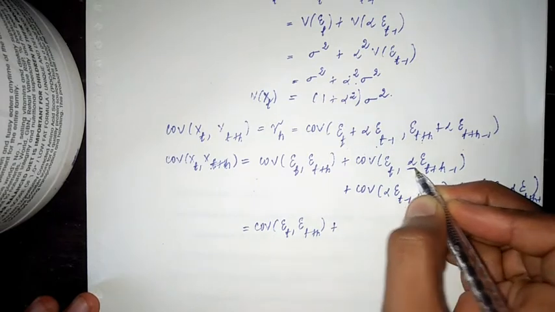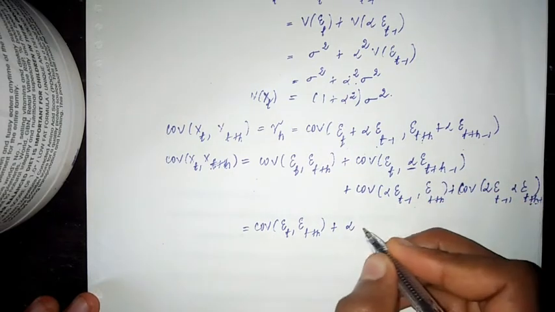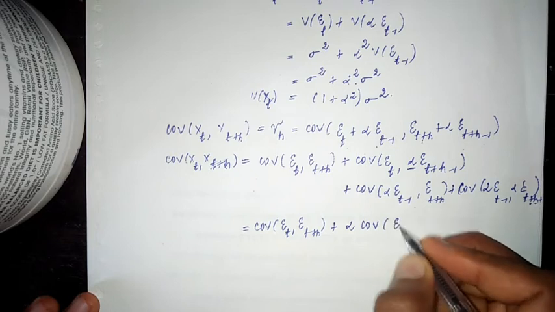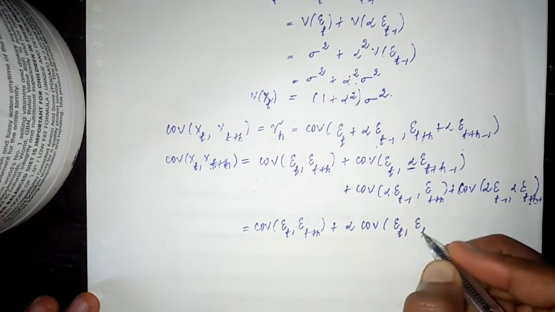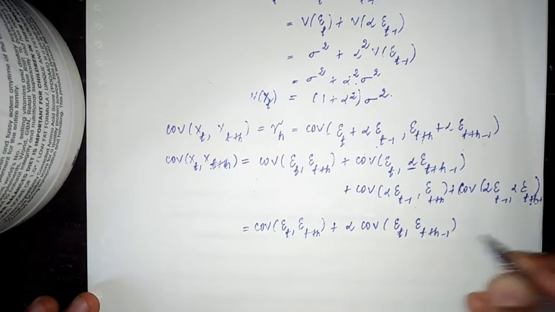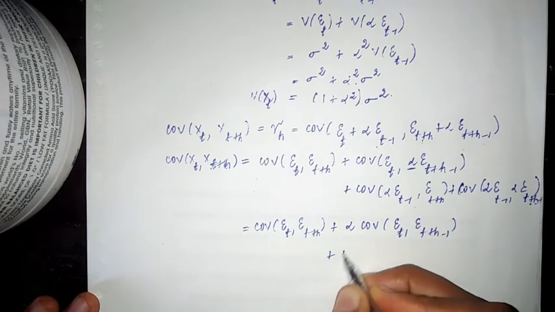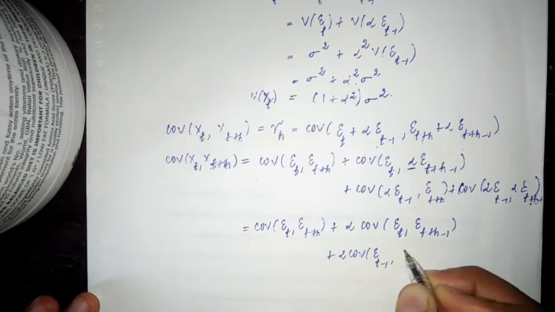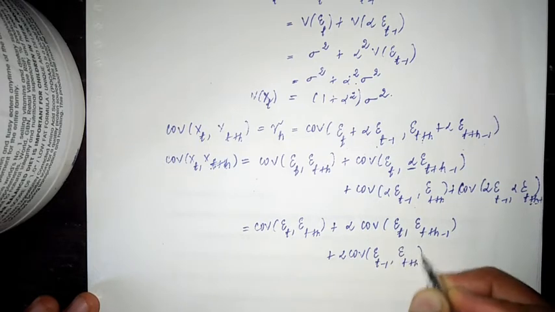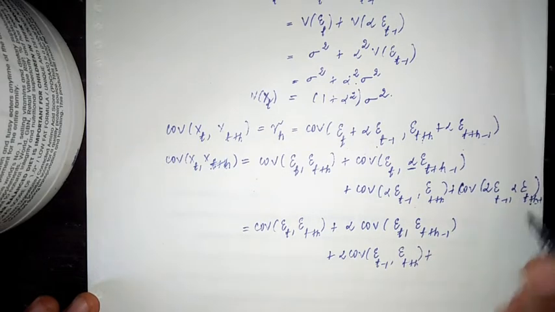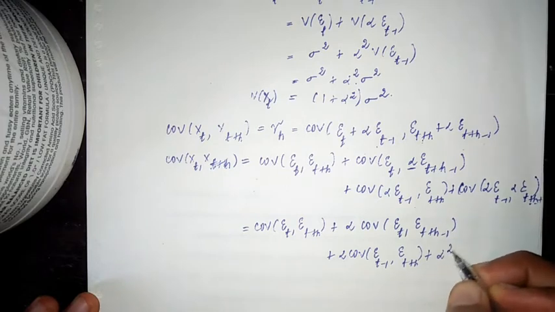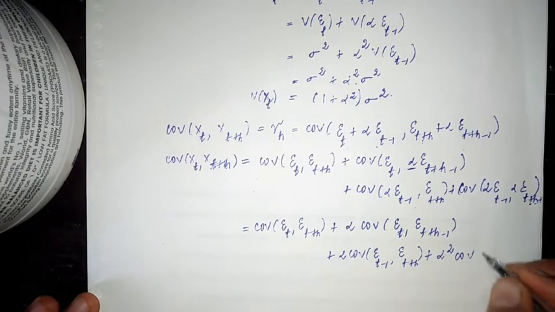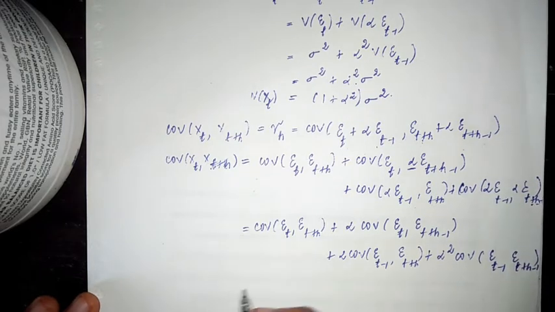I can take alpha outside: alpha times the covariance between epsilon_t and epsilon_{t+h-1}, and alpha times the covariance between epsilon_{t-1} and epsilon_{t+h}. For the last, alpha square times the covariance between epsilon_{t-1} and epsilon_{t+h-1}.